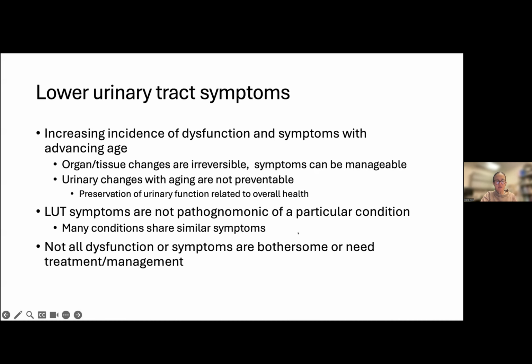Another thing to keep in mind is that lower urinary tract symptoms are not pathognomonic of a particular condition. Many different kinds of urologic conditions share similar symptoms. Urinary frequency, for example, is a manifestation of a number of different urologic diseases or conditions. And so you can't say, oh, this person is presenting with this urinary symptom, they must have this.